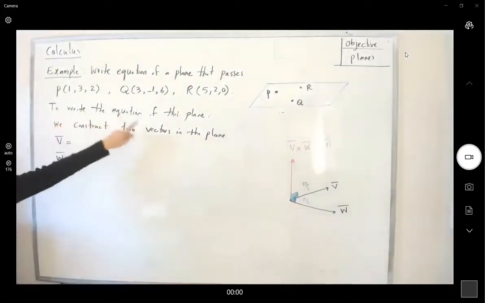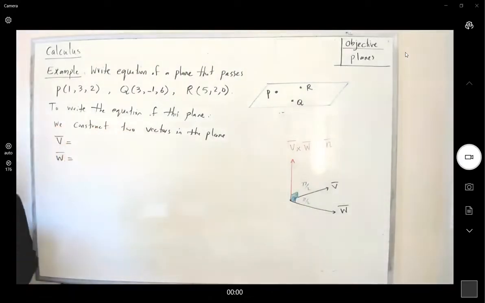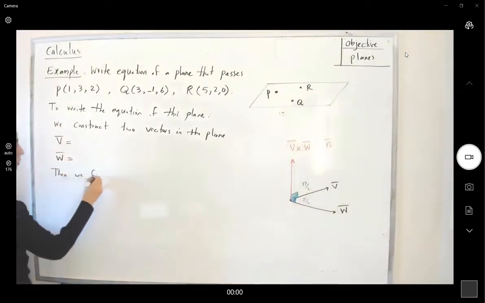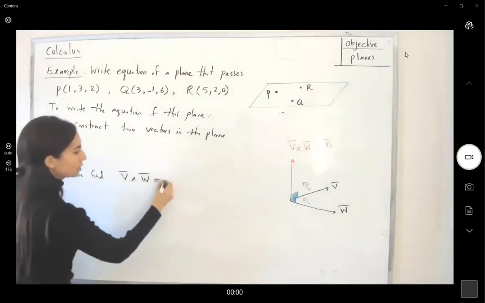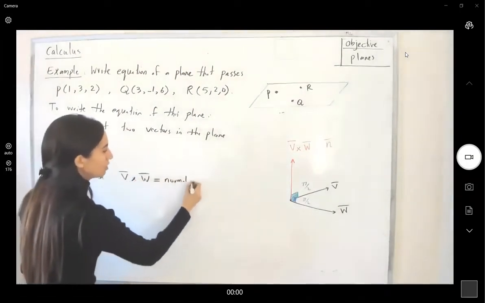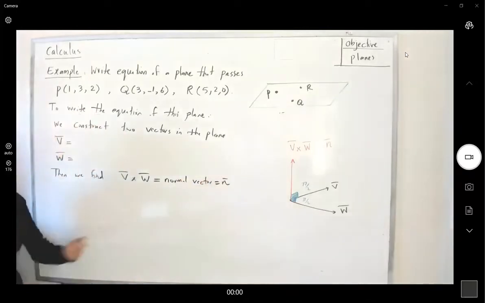So to write the equation of this plane, we construct two vectors in the plane, V and W. Then we find their cross product and we call it our normal vector. The rest is easy.